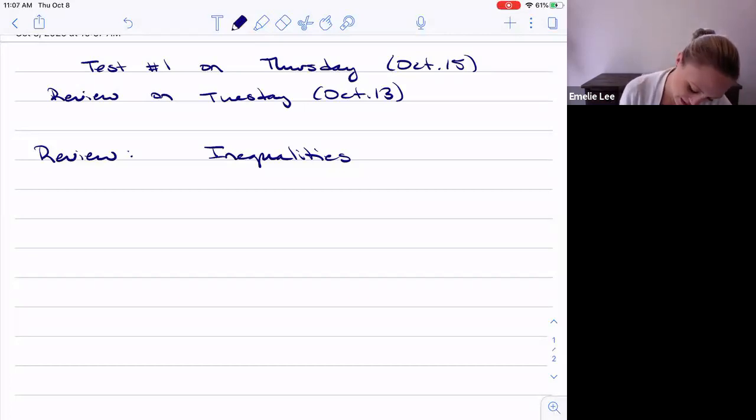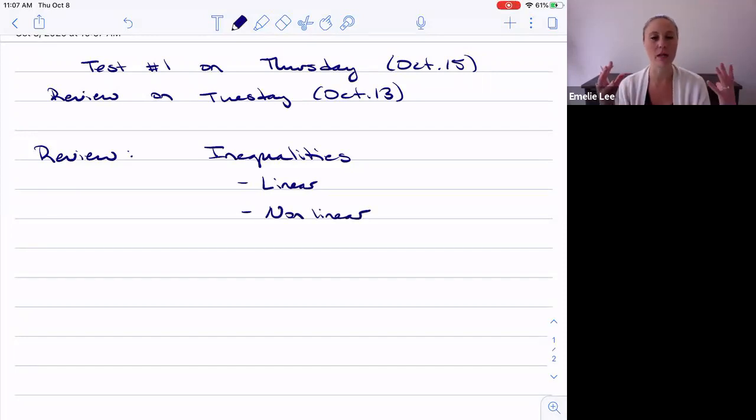So inequalities, we talked about linear inequalities, where you have one power of x. And we also talked about nonlinear inequalities, which was that bigger process where we had to factor and find the solutions, and then use a number line, the easiest way to do it, to figure out where the inequality was true.